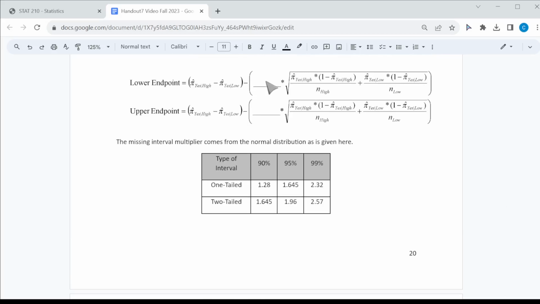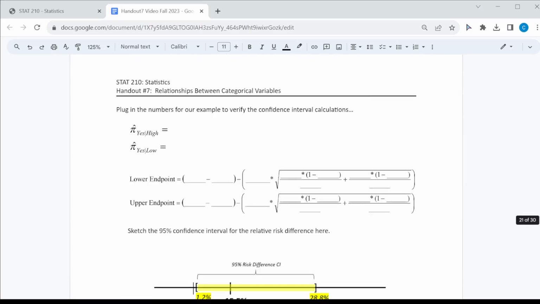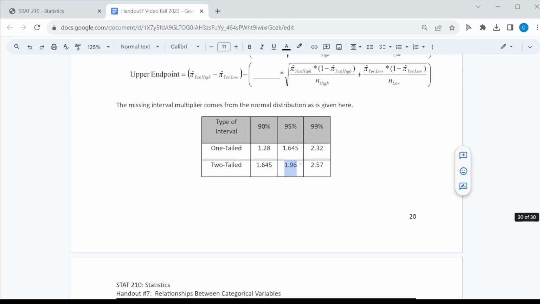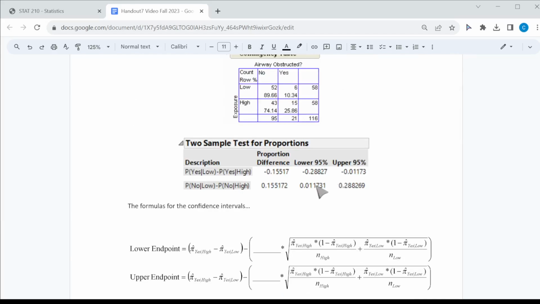Again, the missing quantity in here would be the 1.96. That's always the missing quantity in these intervals. Here's what the endpoints look like if I sketch those out. Again, the lower endpoint there is 1.2%, and the upper endpoint is the 28.8%.